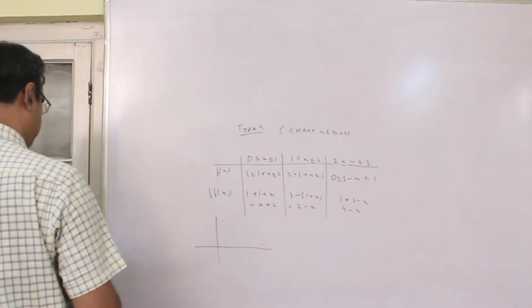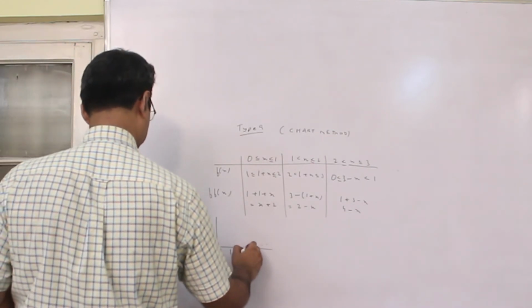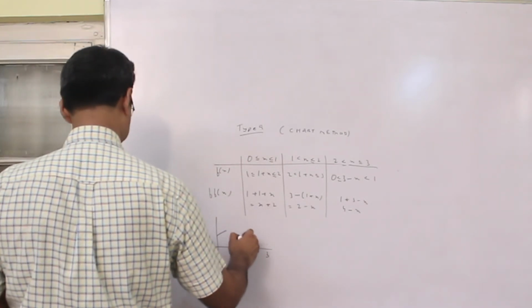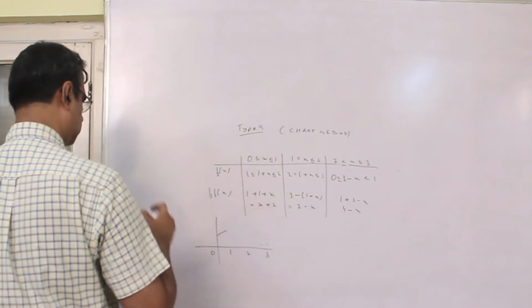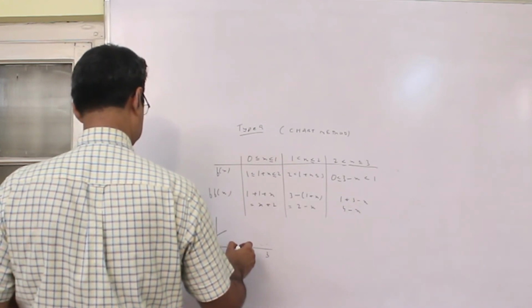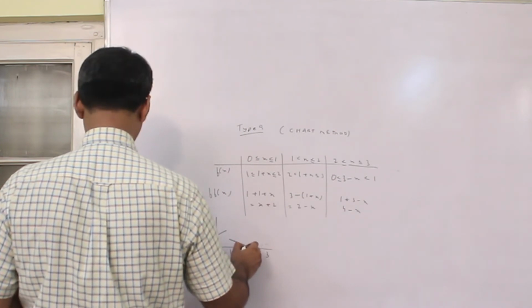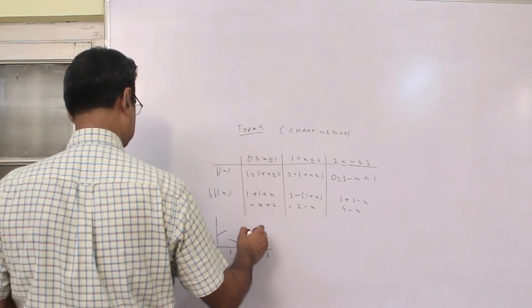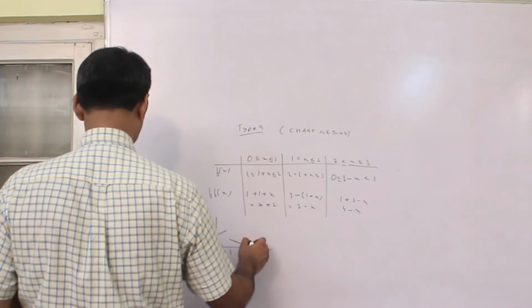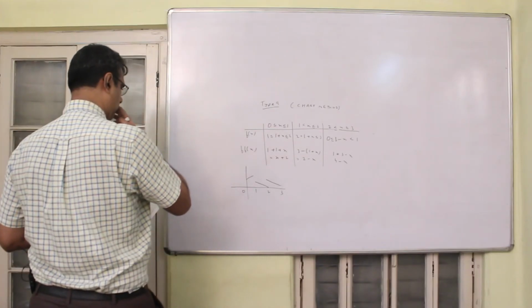Once you have found the values in the chart, you just need to plot a graph. And this is how the graph will look.